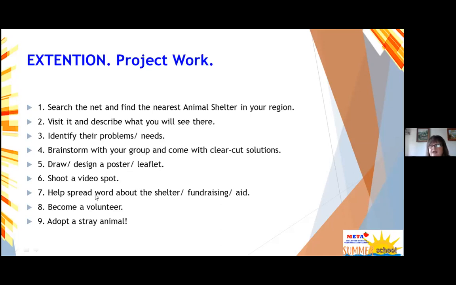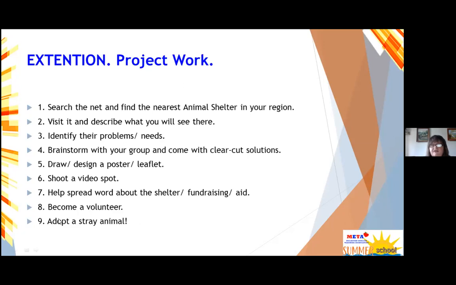They should help spread the word about the shelter, maybe about some fundraising activities, or about aid provided to the animals. Some of them might even become volunteers. And the last, but perhaps one of the most important, is to adopt a stray animal, be it a cat, a dog, a horse, a chicken, a mouse, whatever, because at least in Wales there are a lot of stray animals.